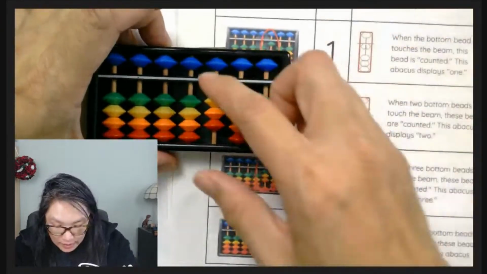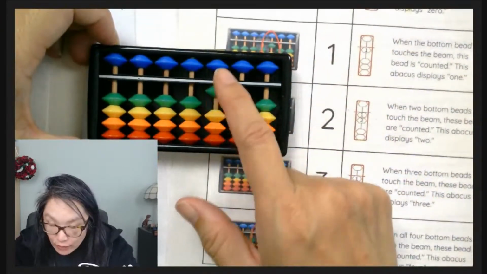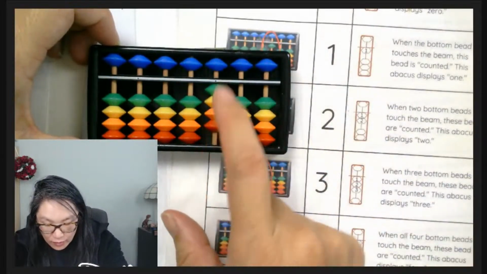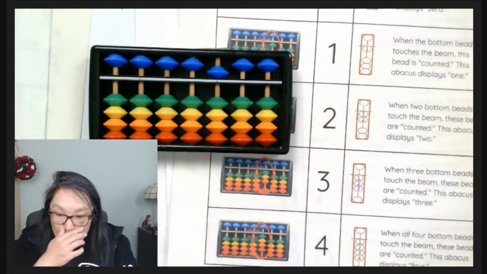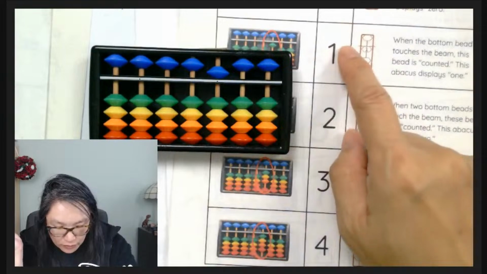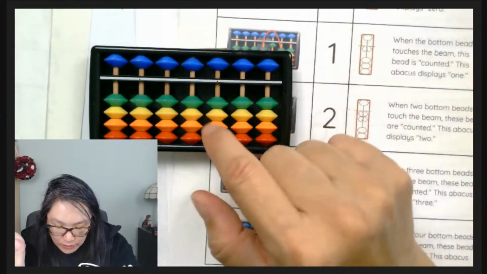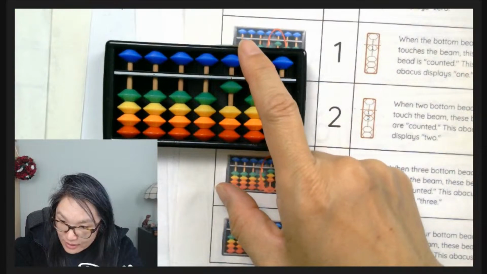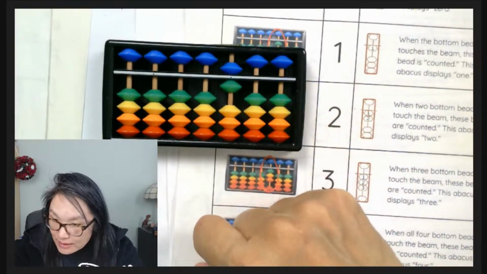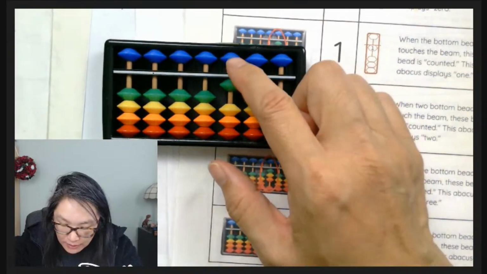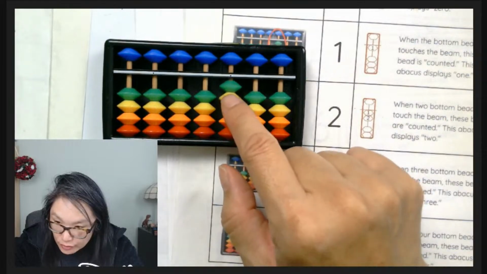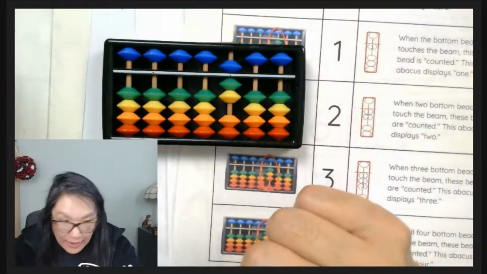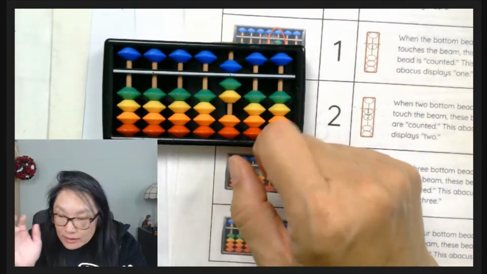Now, let's take a look. We have 1. And if we have 1, well, what happens? Well, what's after 4? After 4 is 5. Well, what's after 5? Well, if you notice, we have 6. See that there is a similarity when I do the 1, and then when I add the 5, I get 6. And then if I have 2, and then I add the 5, I get 7.